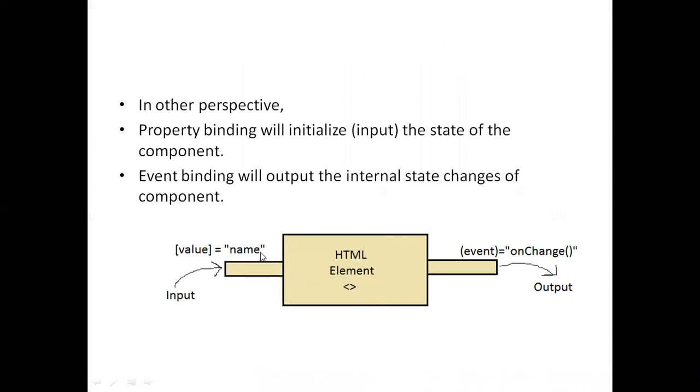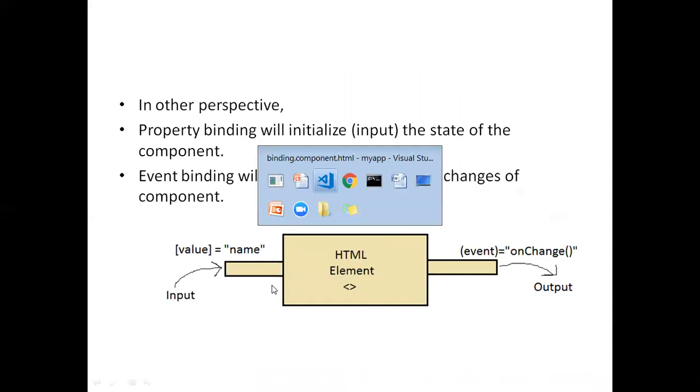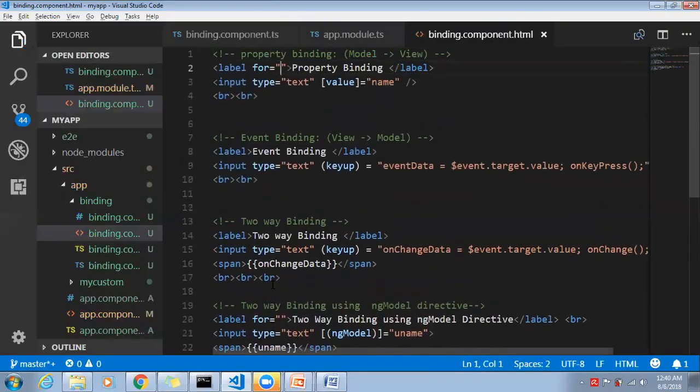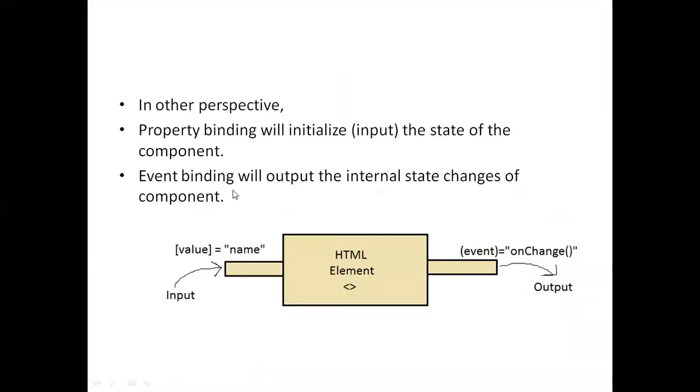Generally, with the help of property binding, you are inputting something to the HTML element. Through the value attribute, you're passing some value inside of it. That means you are initializing the state of this input element by passing something into it. So property binding will allow you to input some data into this HTML element.